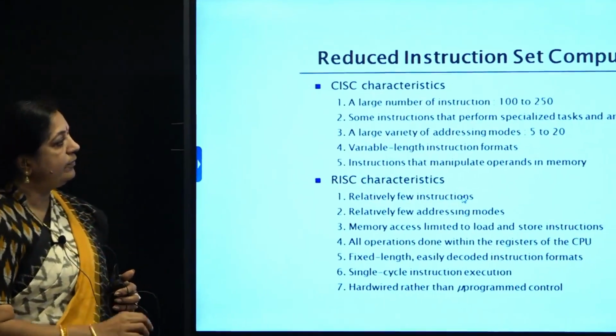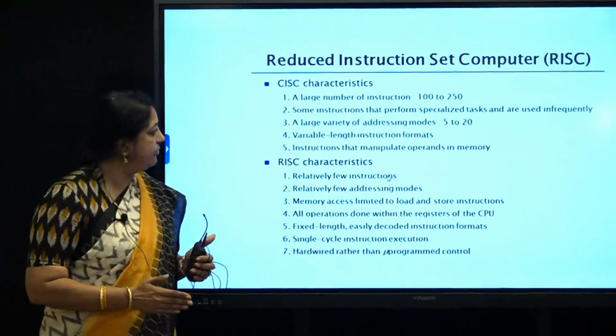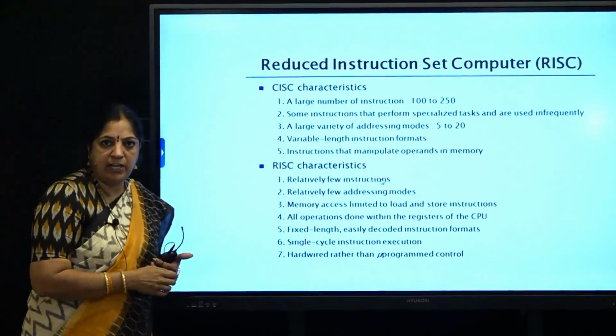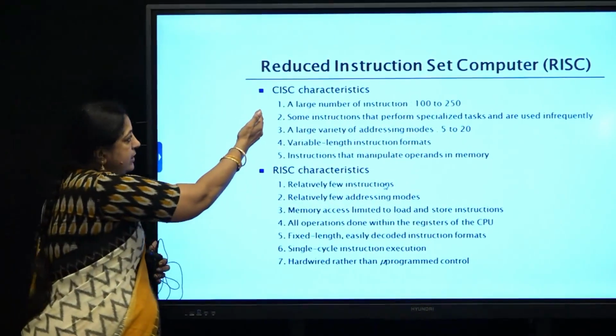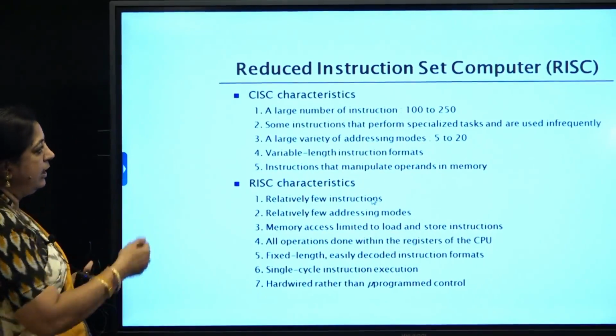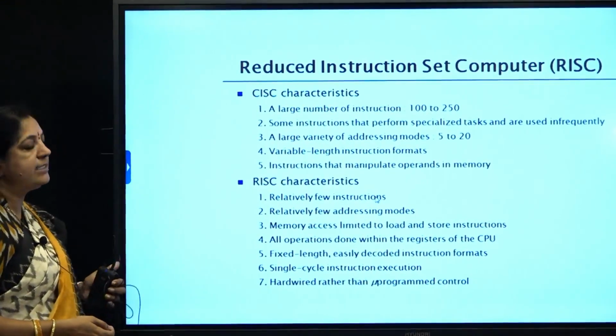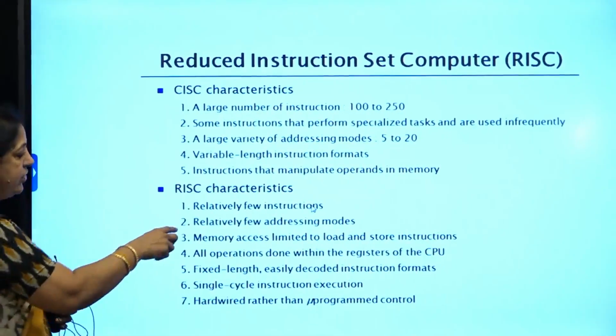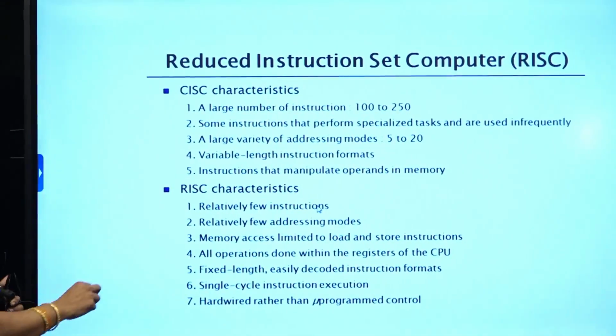Now, let us see the difference between RISC and CISC. Already characteristics we have seen. So, CISC, a large number of instructions, from 100 to 250 instructions it can carry. That's CISC, as it is complex, and relatively few instructions will be there in RISC.